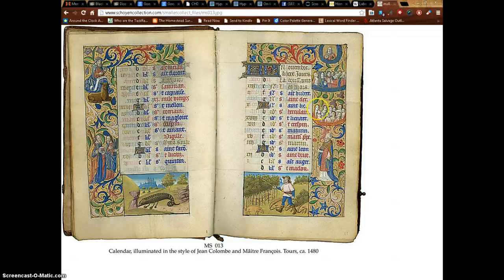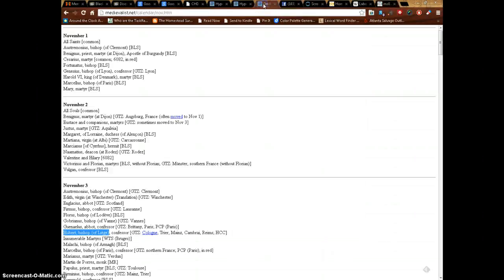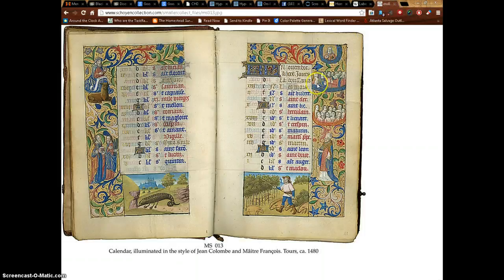So Saint D-E-X, D-E-C. So let's go ahead and take a look at the online calendar of saints' days for the next day. I don't see anything that might work there, although there's Felix that might work on the day after.